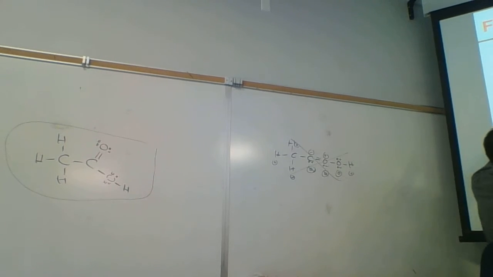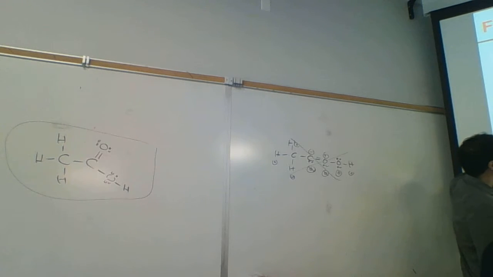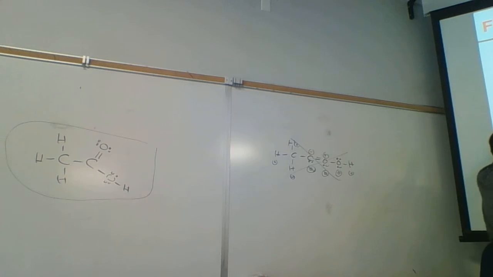So for example, if we look at formic acid, it has a COOH. Formic acid is the simplest, one carbon, also called methanoic acid. One carbon, so this goes hydrogen here, HCOOH. Acetic acid would be ethanoic acid with 2 carbons, CH3COOH. And then this would be propanoic acid with 3 carbons.